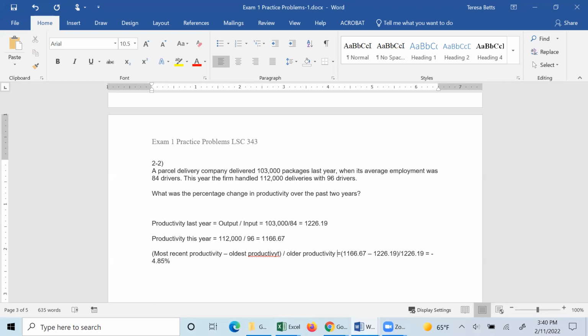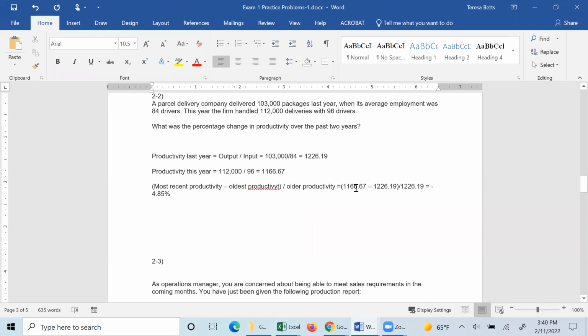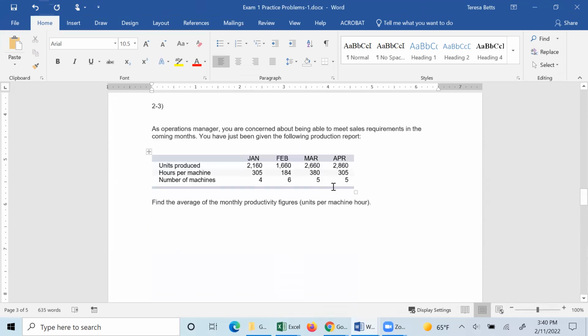And that's what we want to show, that positive, because 200 is greater than 100. So this year is better than last year. Now, if this year was 100 and last year was 200, 100 minus 200 is a negative 100. So that would then be a negative change in our productivity, right? And so we want to make sure we do it in that order so that our sign works out correctly. Okay, and then after I do the subtraction, I divide it by the older productivity, and then that gives me my percentage change.